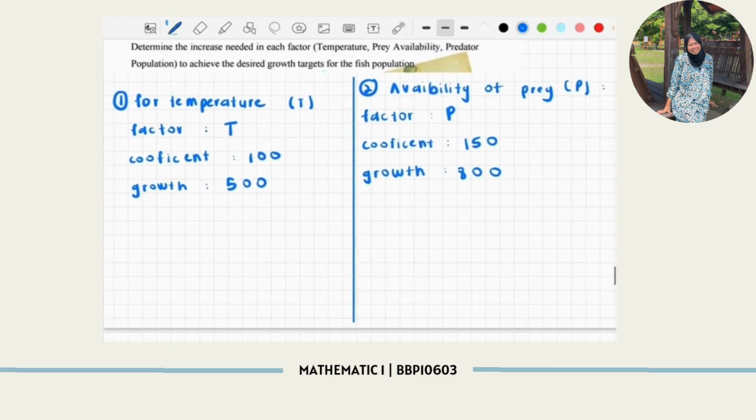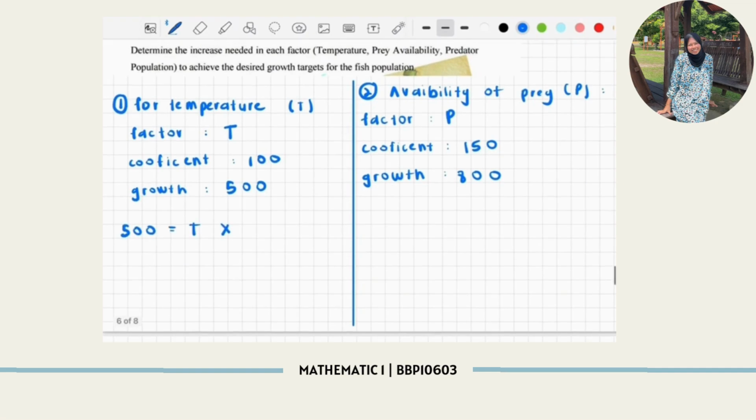So we can just insert it in the formula: growth 500 equals the factor multiplied with the coefficient, which is 100. So we can use the linear equation to solve this question.